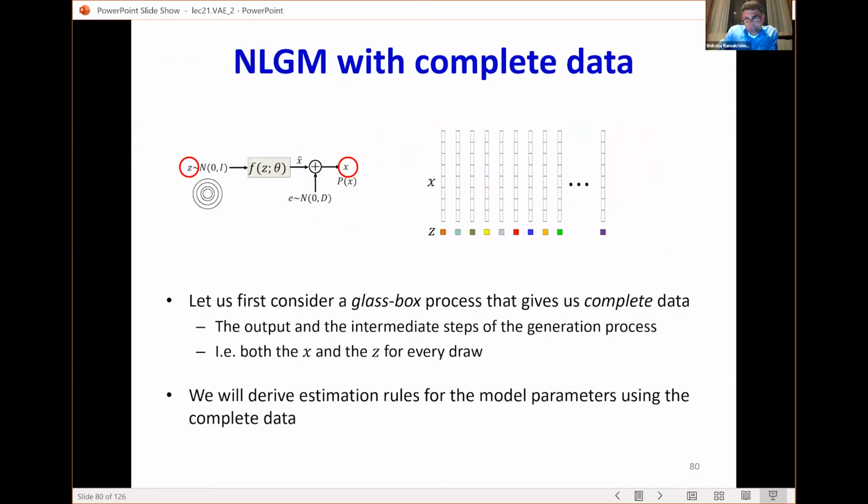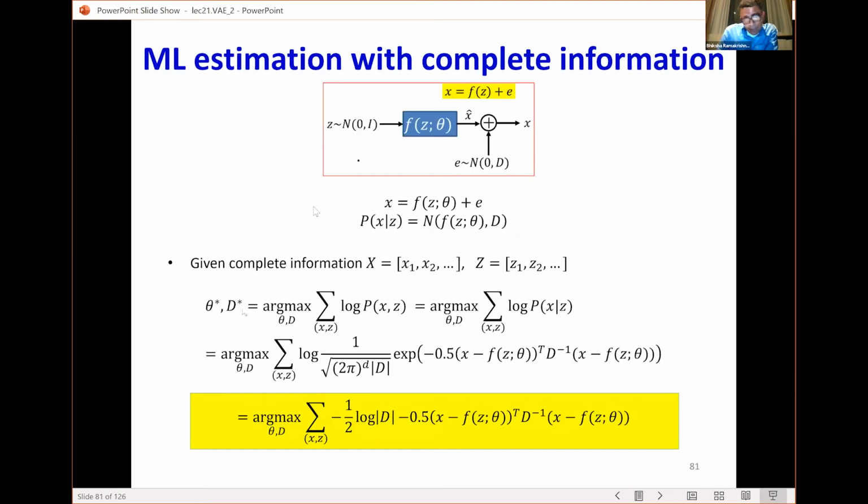But all you get to observe are the x's. But first consider the glass box process, which gives us the complete data. For every x, you know the z that it began as. In this case, let's derive the estimation rules to learn theta and d.